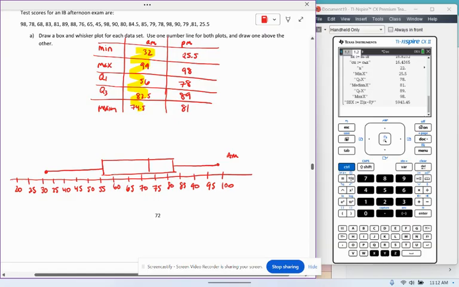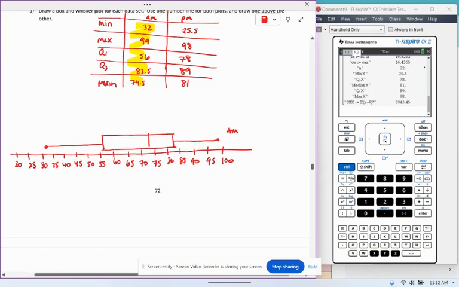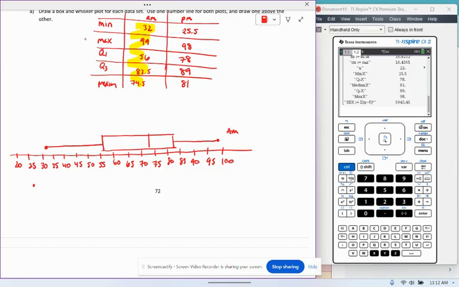And then PM is going to be 25.5. Q1 is 78. Wow, you can really see when you put these together how much different it is. 81, and then Q3 is 89.